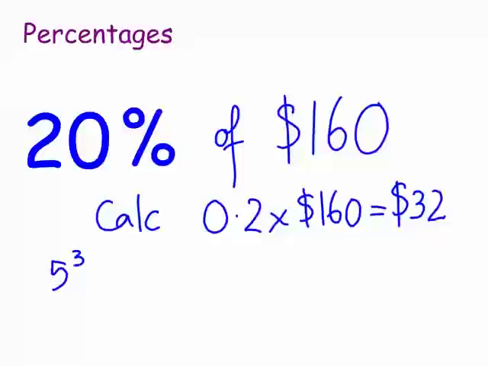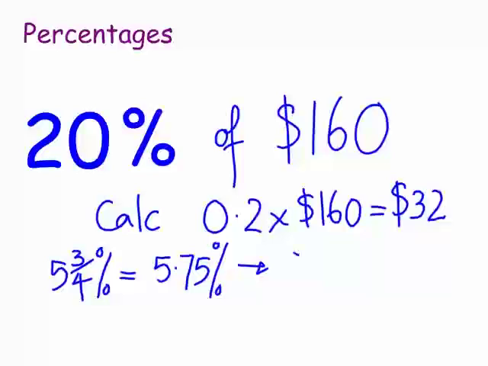We first convert 5 3/4% to a decimal, 5.75%, and then convert from a percentage to a decimal by moving the decimal point 2 places, because we're dividing by 100. That gives 0.0575.